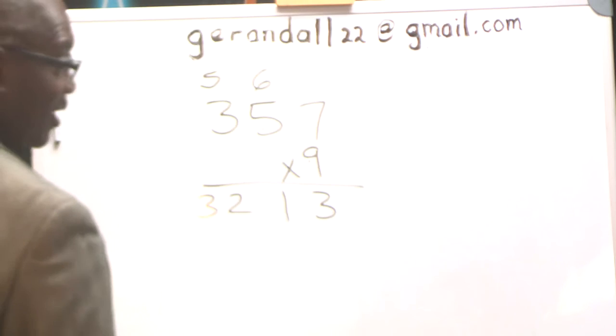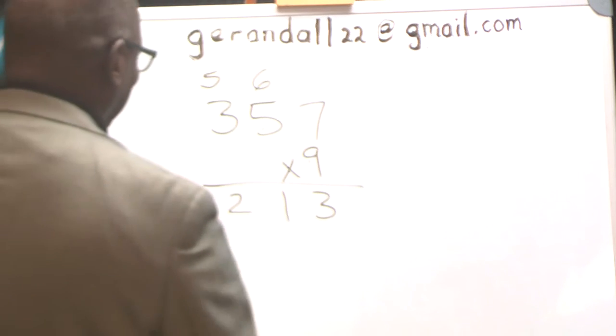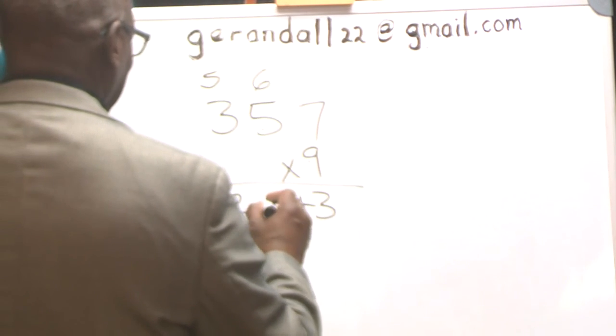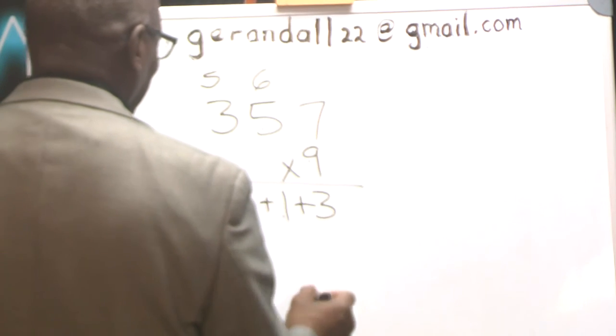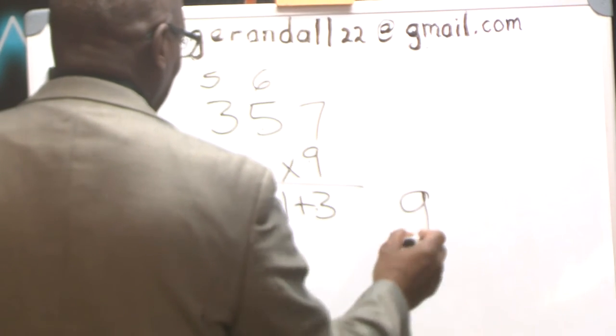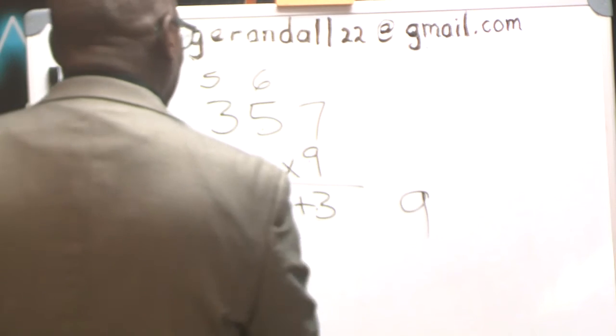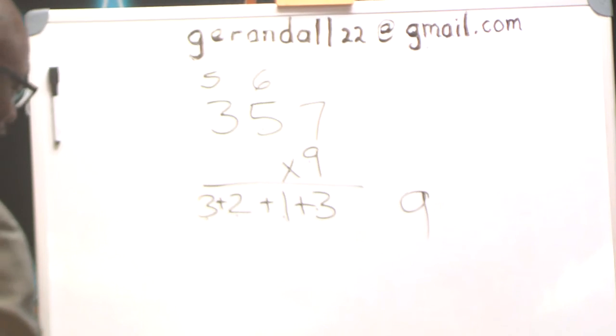Wow, I can see that's 9. But let's do it. 3 plus 2 is 5, plus 1 is 6, plus 3 is 9. More than likely, your multiplication is correct.